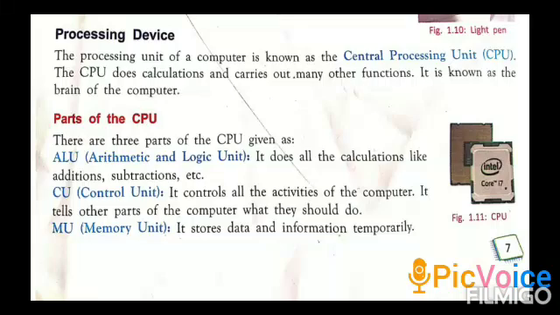The next part, CU. CU stands for control unit. It controls all the activities of the computer and the flow of data also. It tells other parts of the computer what they should do.